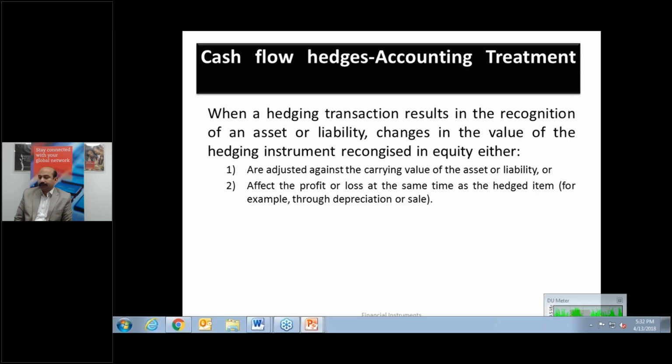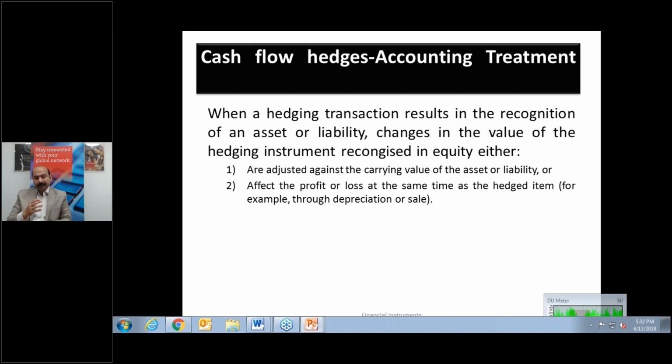So we have 39% people saying fair value hedge, while 61% people saying cash flow hedge. 61% people are correct. This is an example of a cash flow hedge.